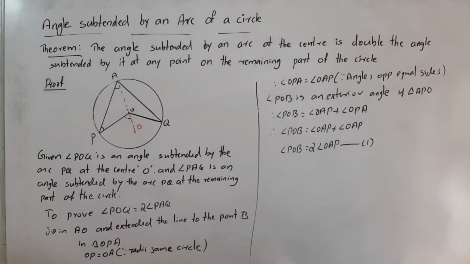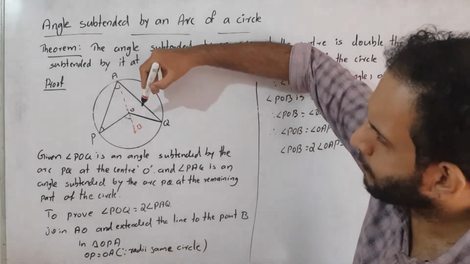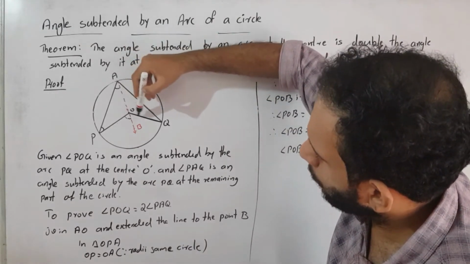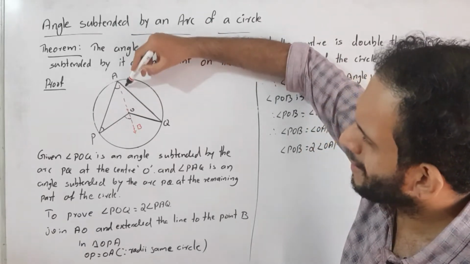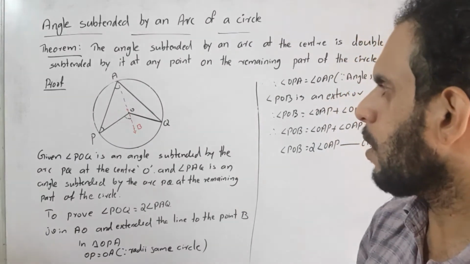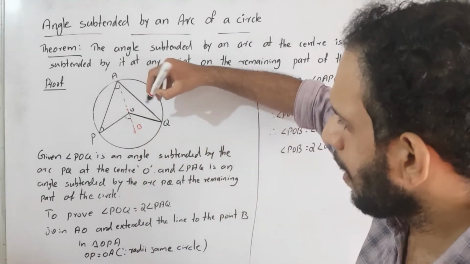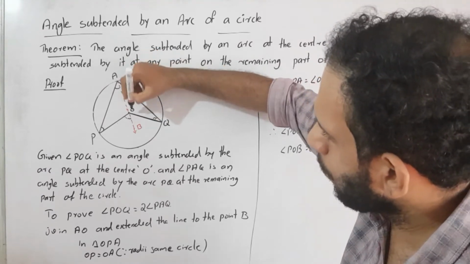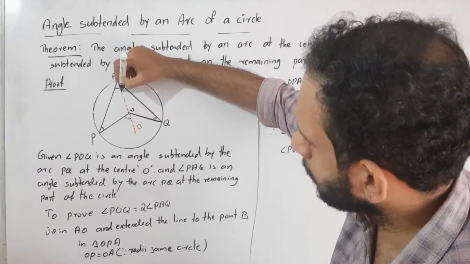Clearly, then with the same idea, what do we consider? This triangle. In this triangle AOQ, OA is equal to OQ. Correct? OA is equal to OQ. Then what are equal? Angle OQA is equal to angle OAQ. These two angles are equal.